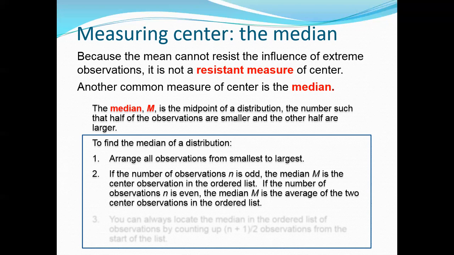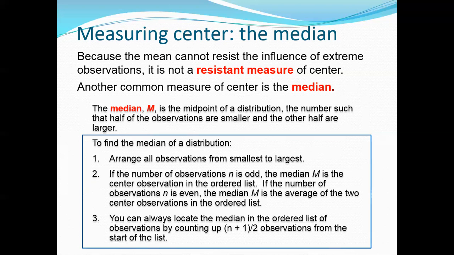If the number of observations n is even, the median M is the average of the two center observations in the ordered list. You can always locate the median in the ordered list of observations by counting up (n plus 1) divided by 2 from the start of the list.